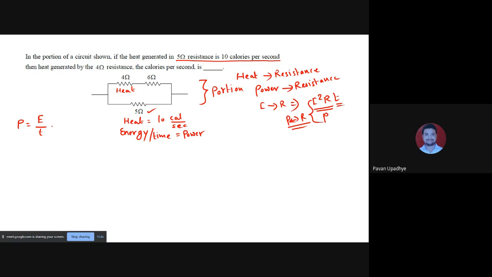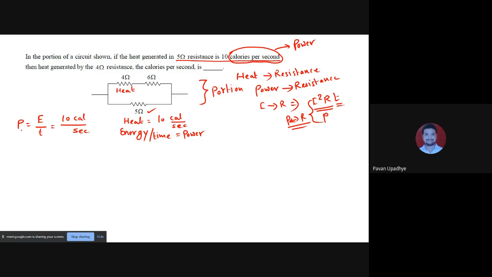Energy that is mentioned over here is 10 calorie, and time that is mentioned is 1 second. So we can say power is given. Actually, when calories per second was said, the first thing that should come to our mind is what this unit stands for. This unit stands for energy per second, so the unit stands for power. Energy per time is power. So actually power is given.